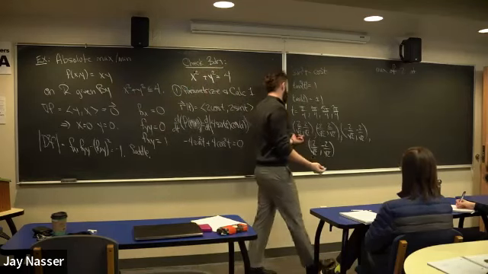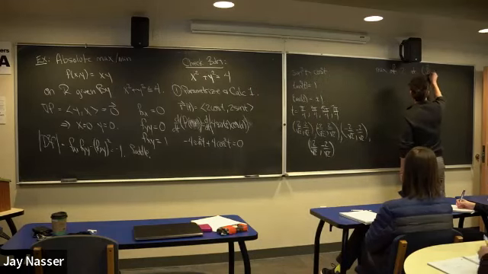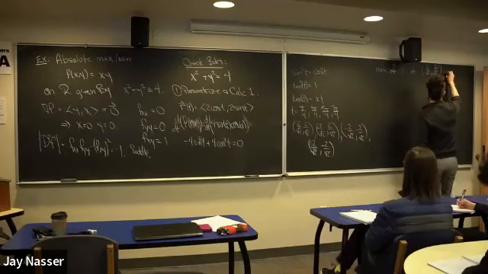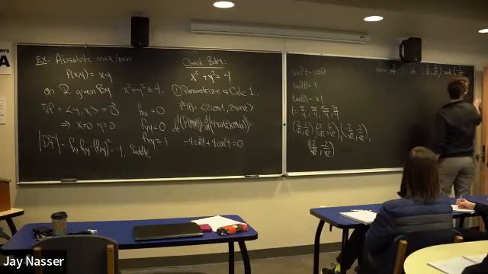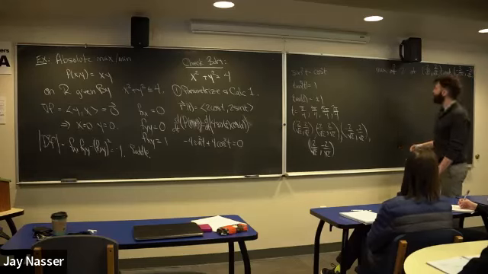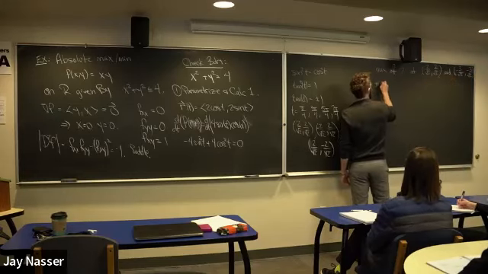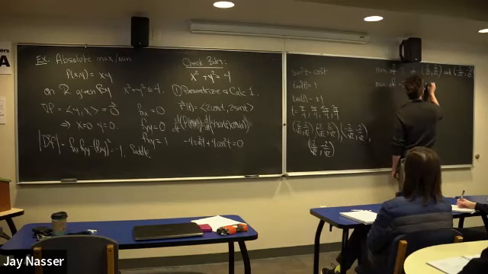The maxes are going to be where it's positive, so it's going to be where both are positive or both are negative. Min, minus 2 at the other points.